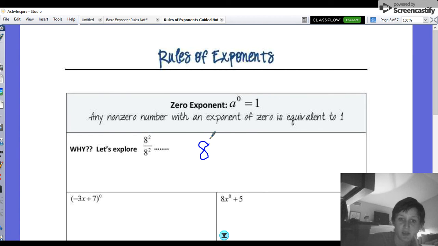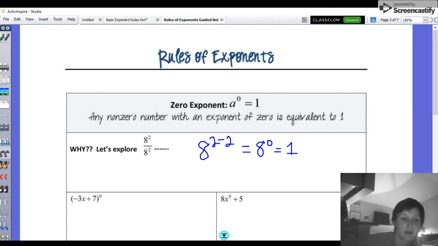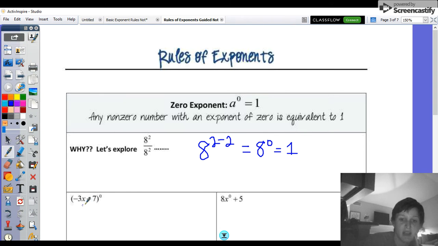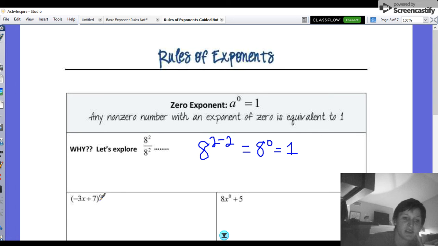So we would do 8 to the second power minus the second power, and that's 8 to the 0 power, which is 1. So in this example, I love anything to the 0 power because it makes it real easy. All of this is in parentheses, so it's just going to equal 1. All of this to the power of 0 is 1.